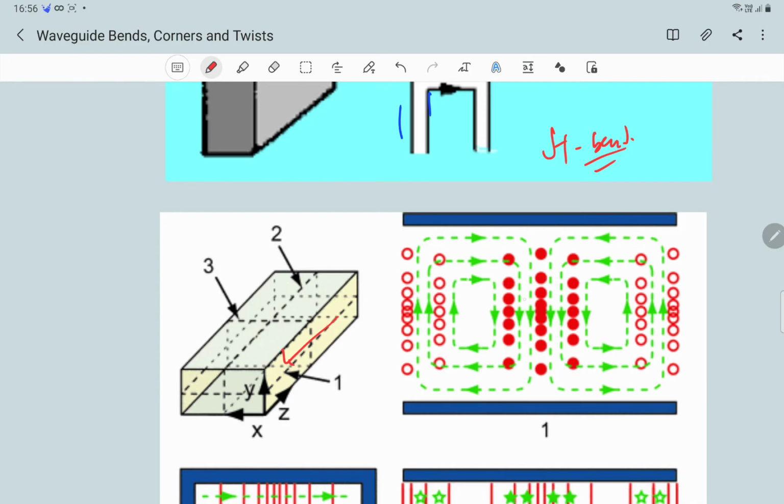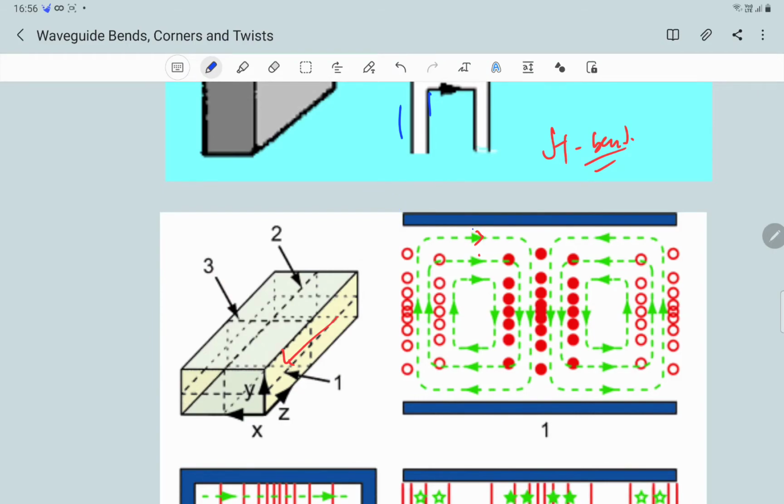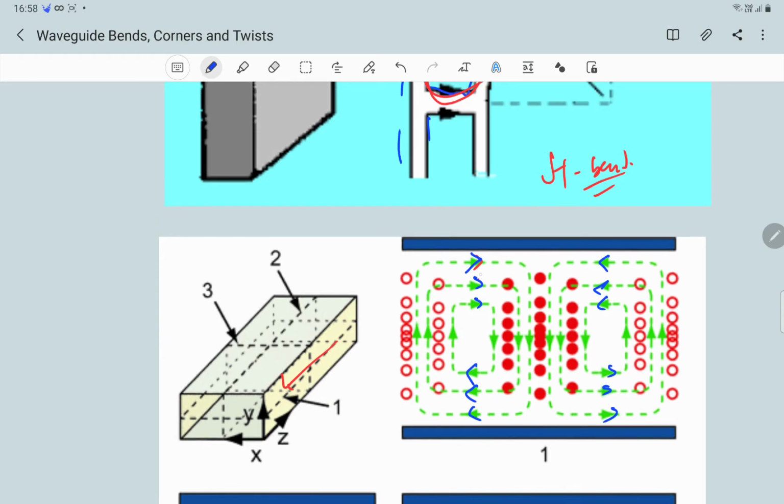These green arrows indicate the direction of the magnetic field within the waveguide. So the magnetic field is like this.